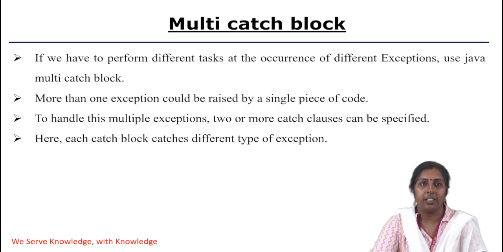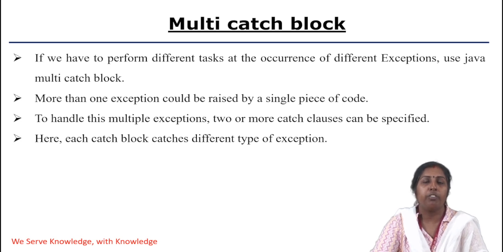Here we are considering the case of multiple catch blocks. There is a need for writing multiple catch block statements if there is a chance of multiple exceptions occurring. If we are writing code which may cause an arithmetic exception and an array index out of bound exception, we have to write multiple catch blocks.